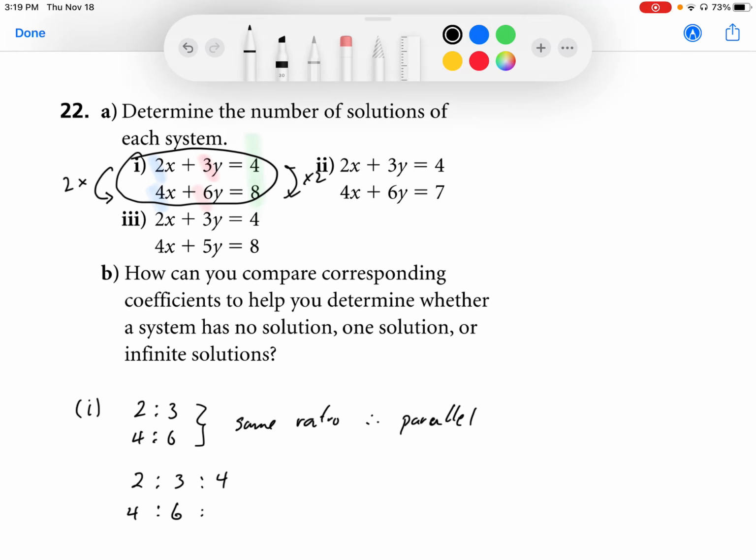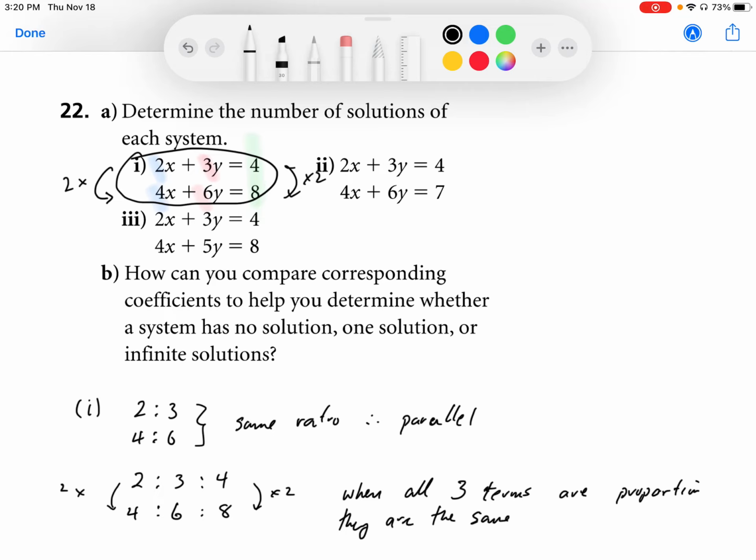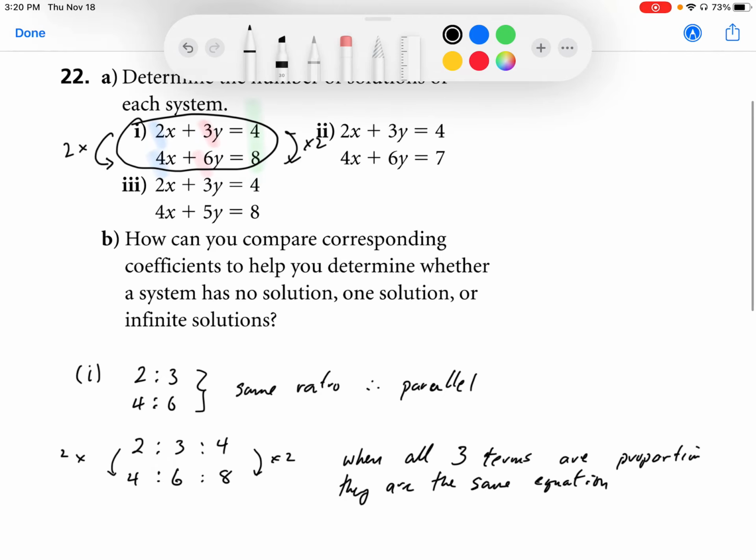It's equivalent to all three terms are in the same proportion. They are all a times 2 proportion or in the same ratio. So when all three terms are in proportion, they are the same equation, and therefore have infinite solutions.